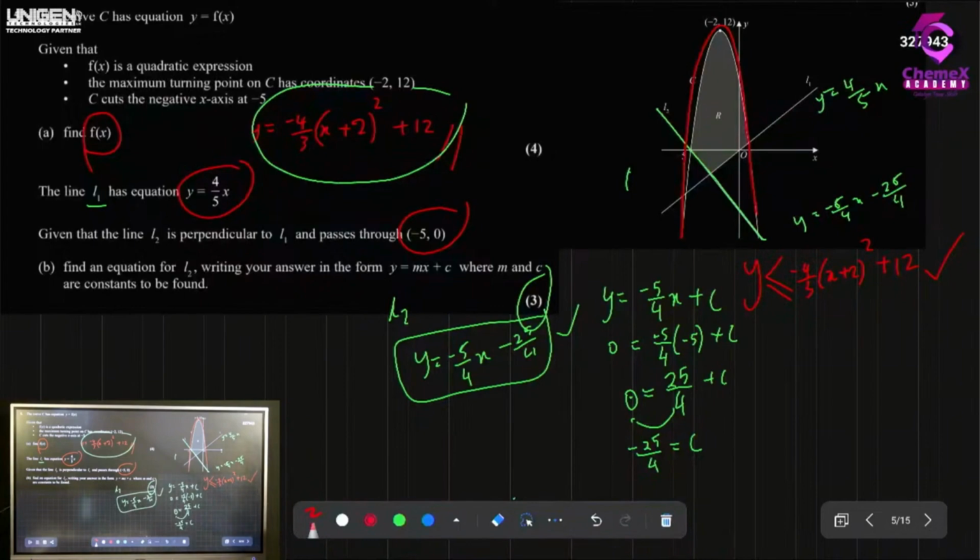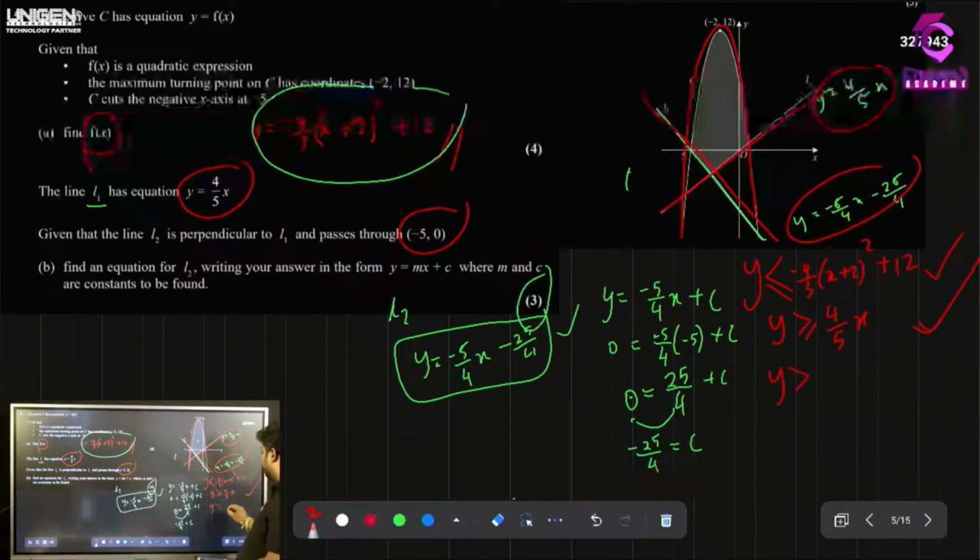The second inequality is above this line, so y is larger than or equal to 4 over 5x. Third inequality, it's above this line, so y is larger than or equal to minus 5 over 4 x minus 25 over 4.